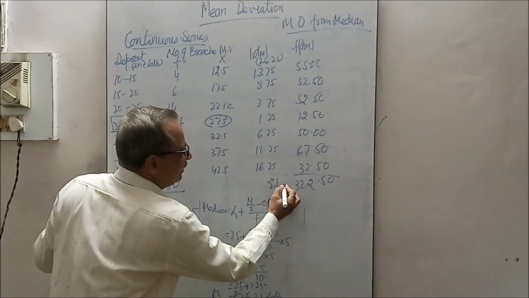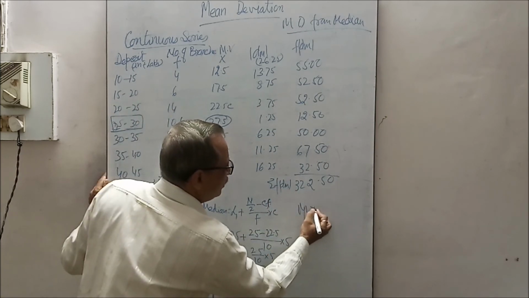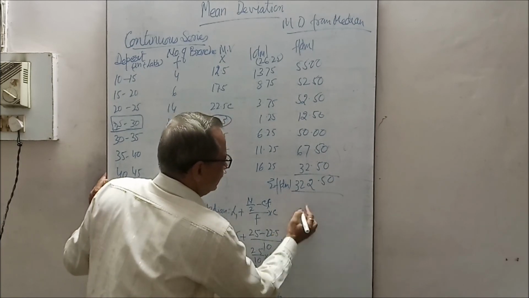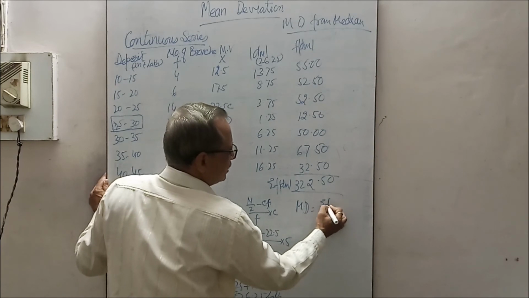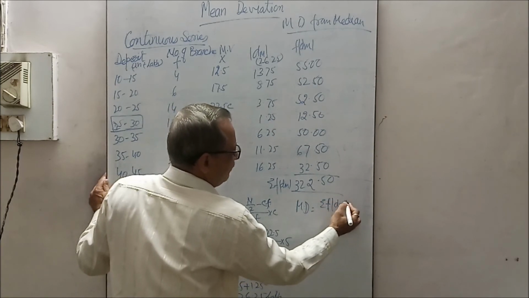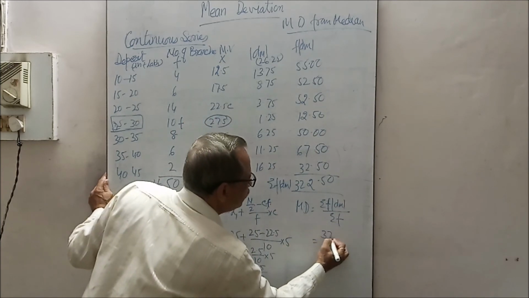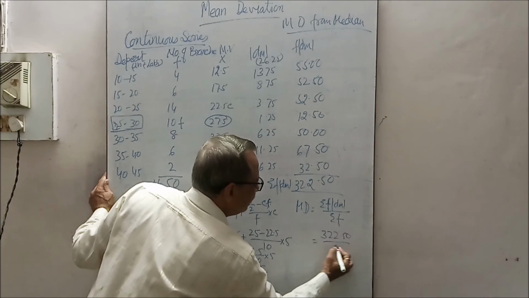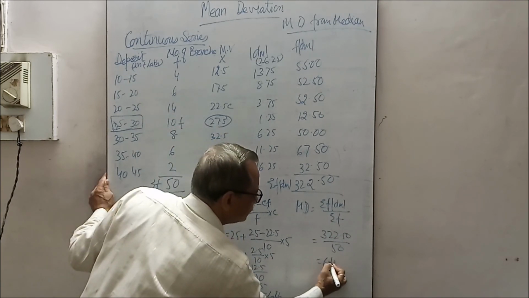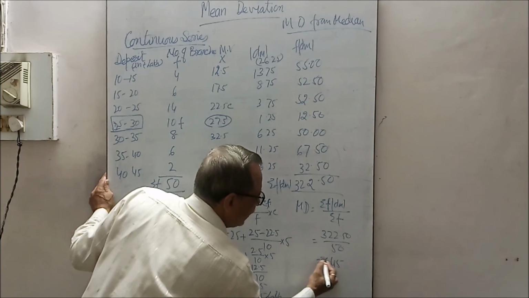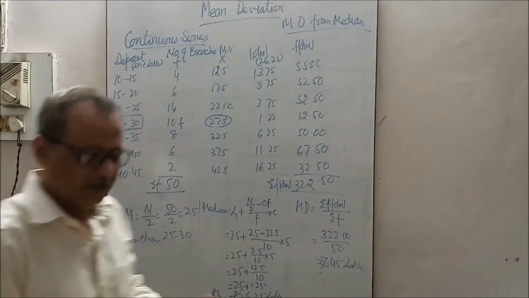This is summation f deviation from the median, and mean deviation is equal to that upon f, that is 322.50 upon 50, which is 6.545 rupees lakhs. This is the mean deviation from the median.